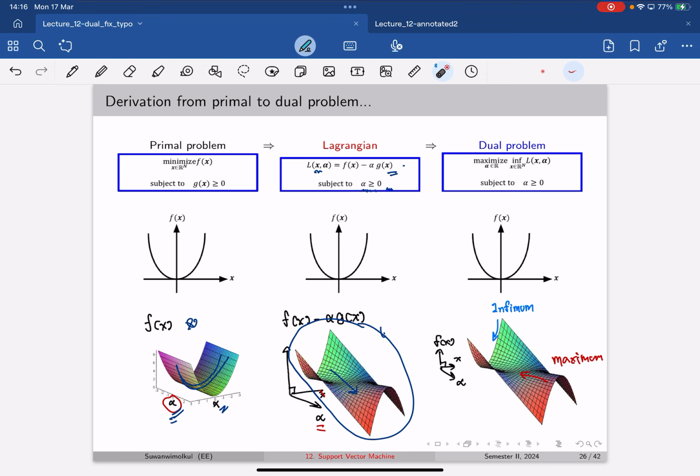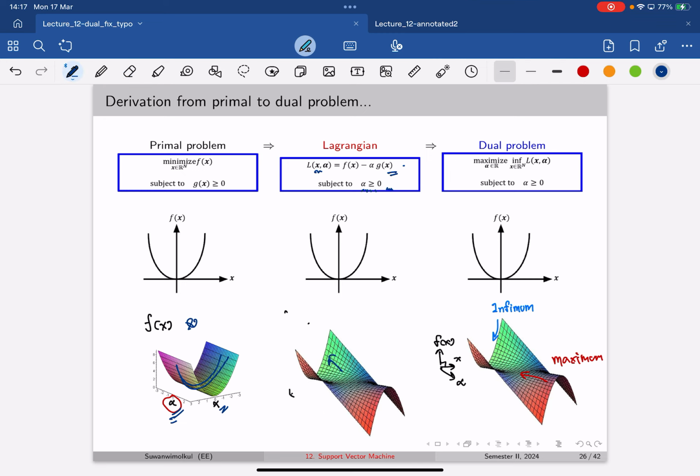So what could alpha be? Alpha should be somewhere that is still slightly relaxing this surface to something close to the original problem, but it should not go as far as alpha leading to infinity, because if alpha is very high, you would lose the shape of f(x) already. You would turn everything into g(x). But if your alpha is equal to 0, you are now going back to the original f(x).